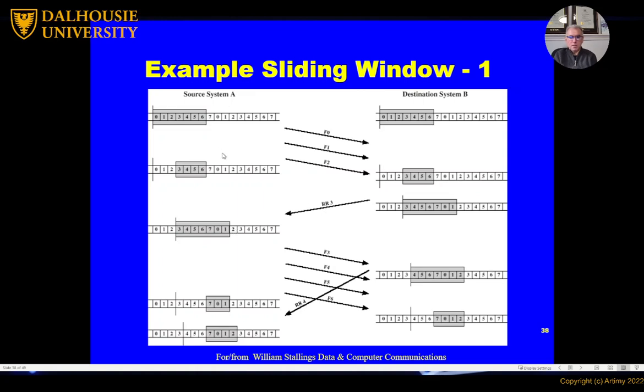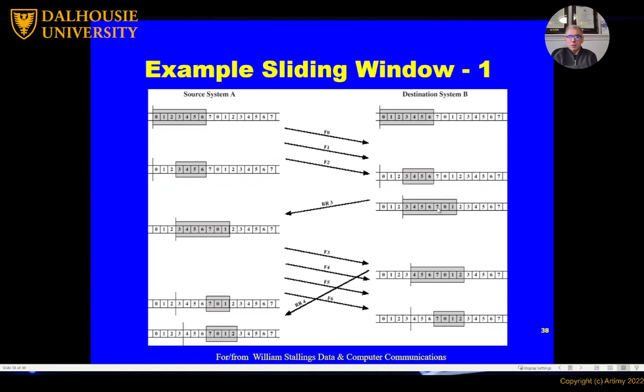Source A says, well, I am allowed to send up to 7 frames. I already sent 3 and I received the acknowledgement for them, so I can extend my window by 3, right? So here the shaded window extended by 3 because now it is possible for it to send up to 7 more frames without an acknowledgement.